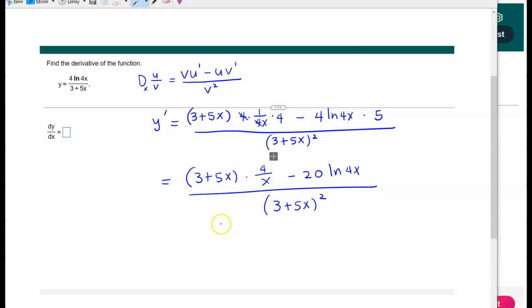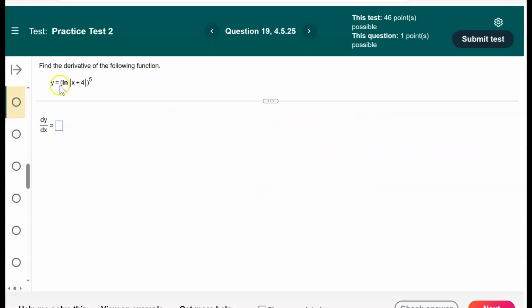You input your answer like this, or you can input it like this, the first line, and MyMathLab would accept that. Now let's find the derivative of the following function.